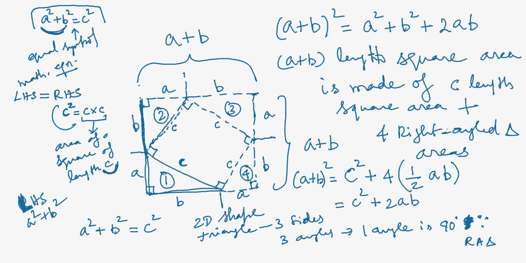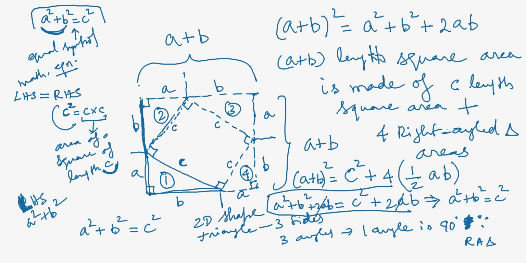This must be equal to the whole thing, (A plus B) whole square, which also is A square plus B square plus 2AB. Then minus 2AB on either side. So this leads us simply to the Pythagoras theorem: A square plus B square must be equal to C square. It's not very difficult, right?